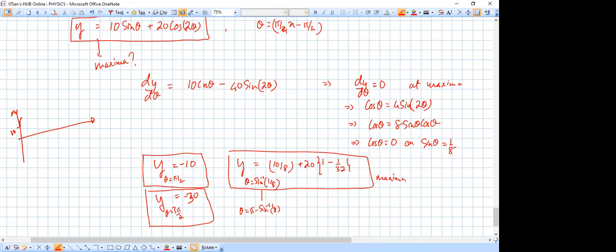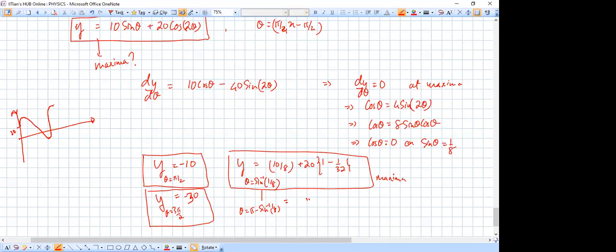Then at pi by 2, it comes to a local minima of -10. Then again it goes to the local maxima, the same as this value.